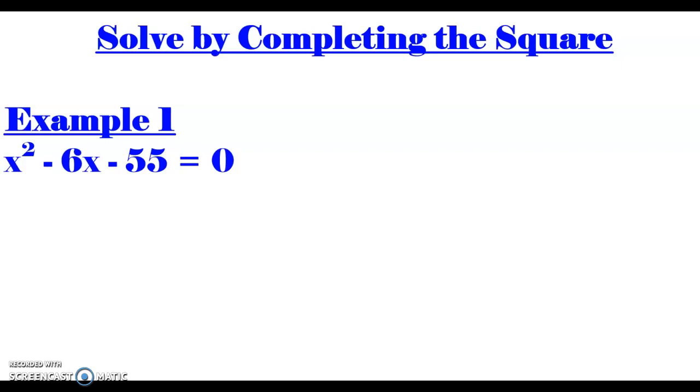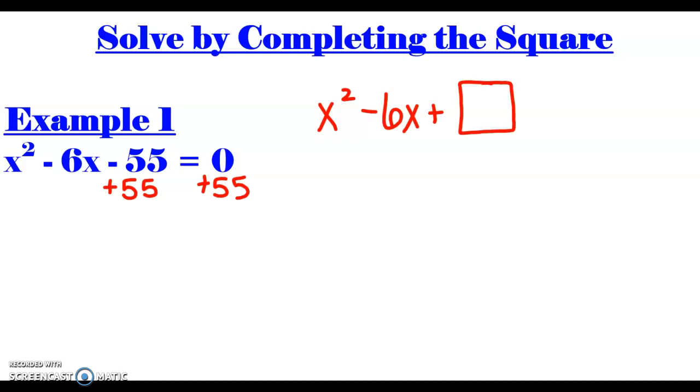So the first thing that you do is you get the x squared and the bx by itself. So instead of getting equal to 0 like the other ones, you want to get c out of the way. So you'd have x squared minus 6x plus, you're going to save a spot for your new c, I call it magical c, and it equals 55. So what we want to do is figure out what number can we put here so that we get a perfect square trinomial.